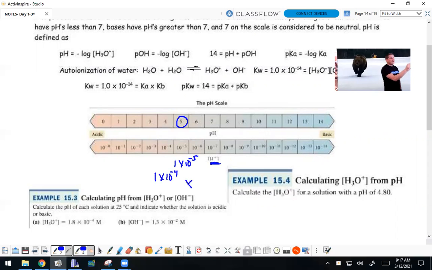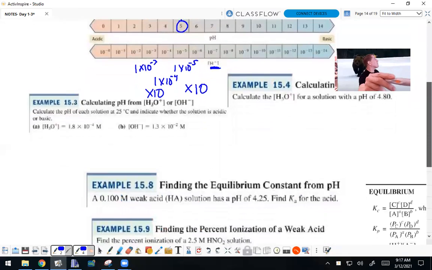So that's a 10-fold change. It got 10 times more concentrated. So when you go to 1 times 10 to the minus 3 now, that's another 10 times. So that's 100 times more concentrated. So every skip in pH is a 10-fold increase in the molarity of the H plus concentration, or going the other way, a 10-fold decrease.